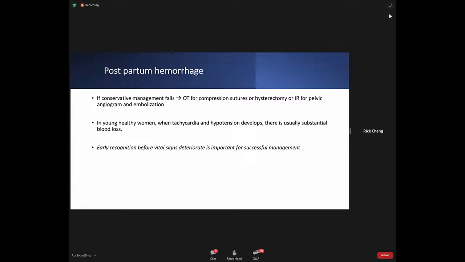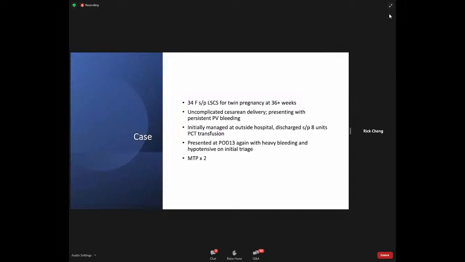It is also important to communicate with the attending obstetrician to understand what has been given and what has been done. For example, if a thrombogenic agent has been given and you're doing an embolization, you may not want to leave the sheath in place afterwards for fear of forming clots or thrombosis. And of course, it would be helpful to know if any surgical arterial ligations have been done in attempts to achieve hemostasis. So now we'll go through a quick case.